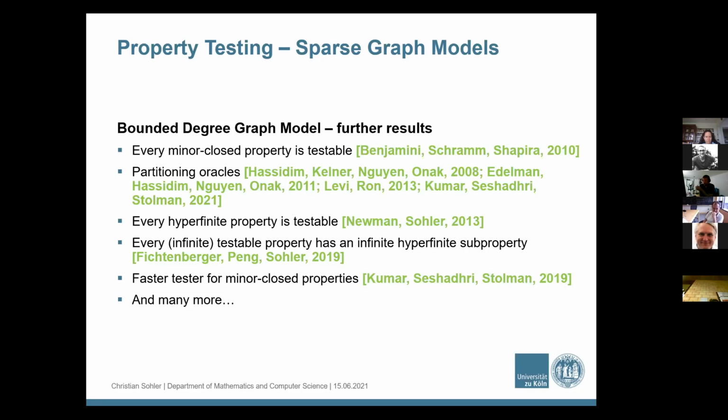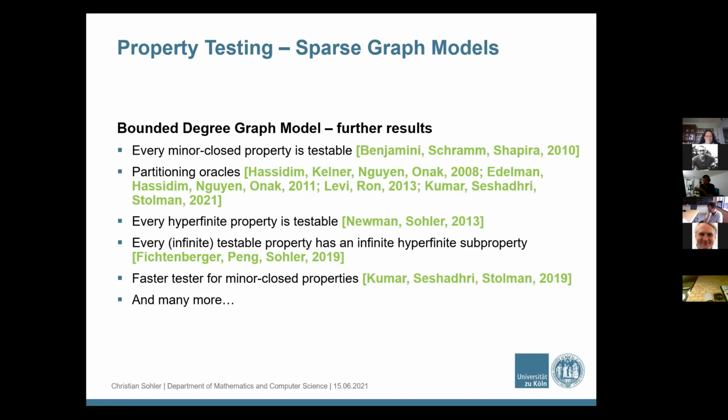Ilan Newman and I showed that every hyperfinite property is testable in constant time, where hyperfinite also means that we have a partitioning into small connected components. And with Hendrik Fichtenberger and Pan Peng, I proved that every testable property has an infinite hyperfinite subproperty.